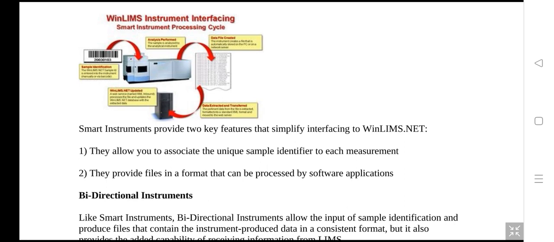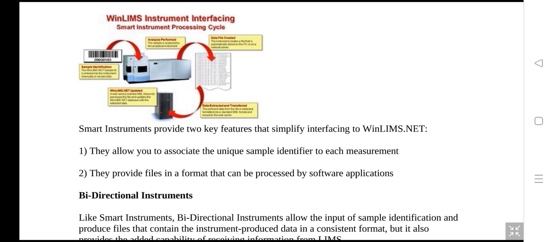In very simple words, when a smart laboratory instrument has taken a measurement, it is able to link with the software application and hand over whatever results it has analyzed, in a format which can be absorbed by the software. That is the difference between a smart and a dumb terminal.